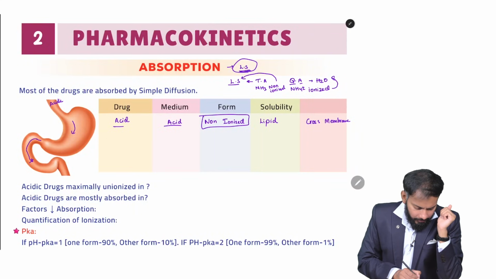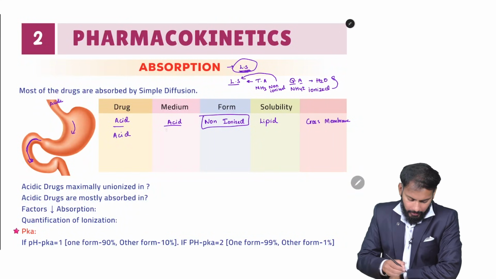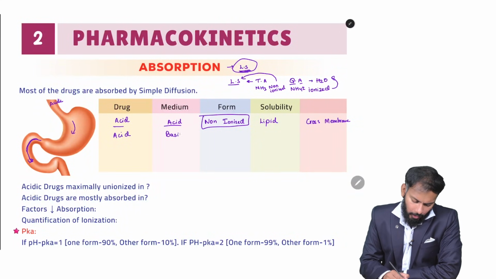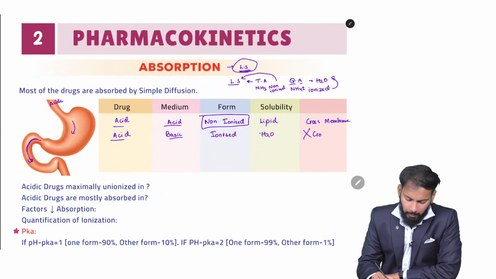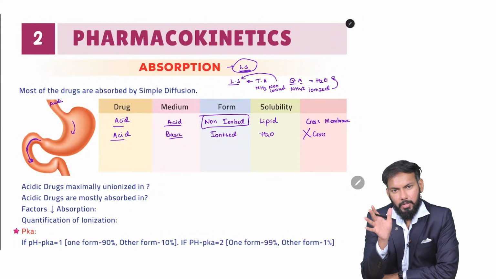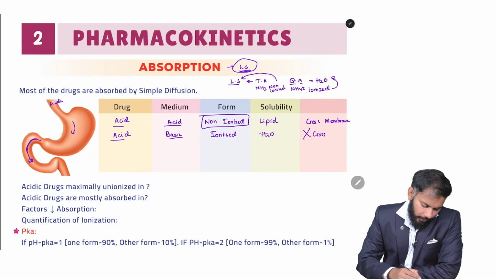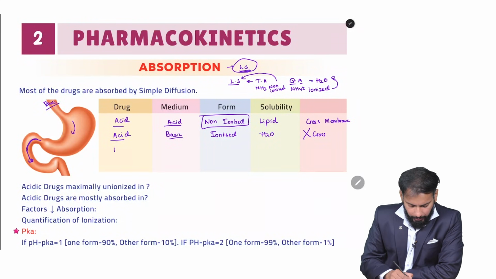Now, the same acidic drug will come into the small intestine. What is the medium of small intestine? It is basic. Now, acid and base will combine together, it will form ionized form, so it will become water soluble. Now, it will not cross the membrane. If I give a basic drug, the basic drug will first go into the stomach, so it is acid.